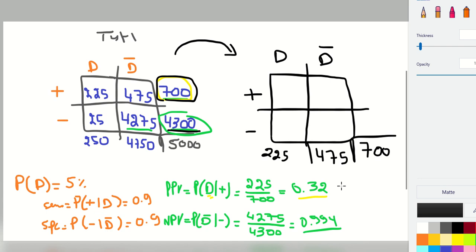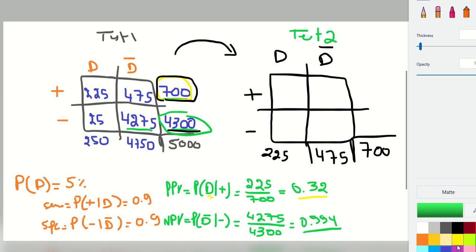Okay? But this new test, test number 2, is not the same as test number 1. Test number 2 has a different sensitivity and a different specificity. So now I'm going to change the specificity and the sensitivity.